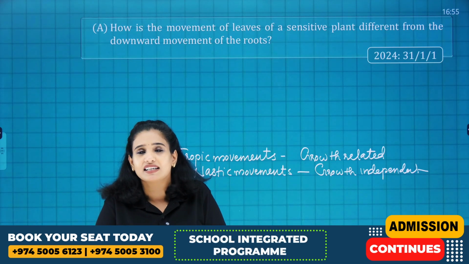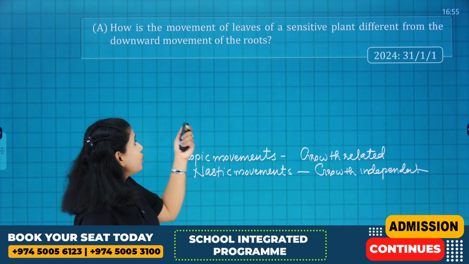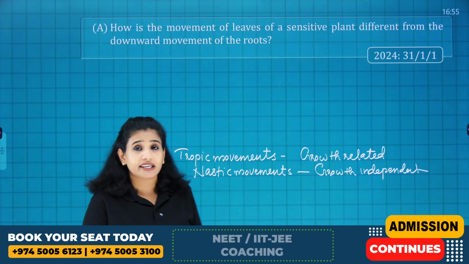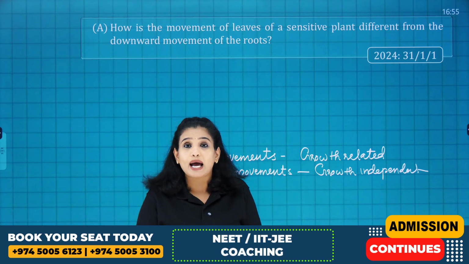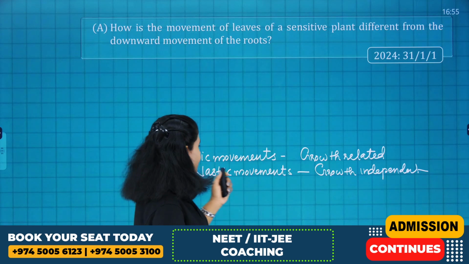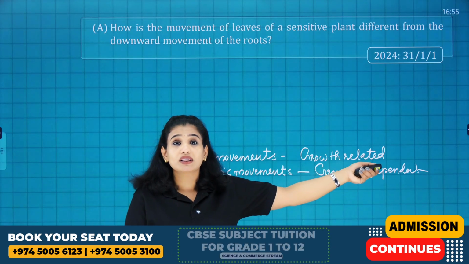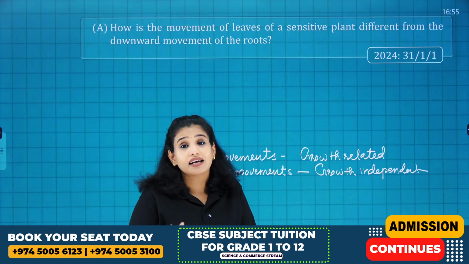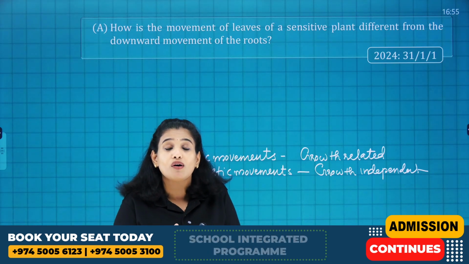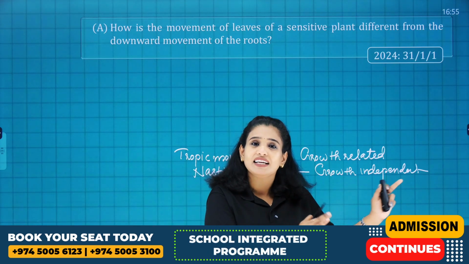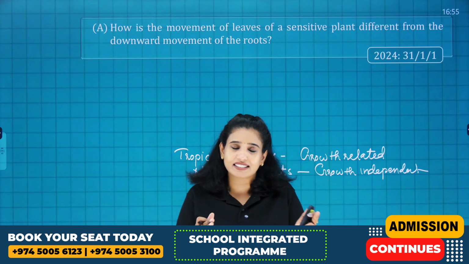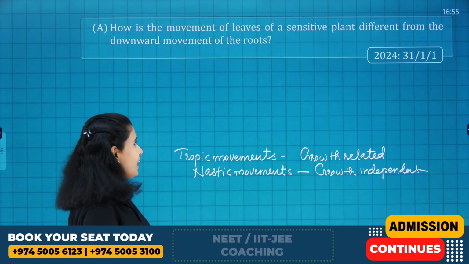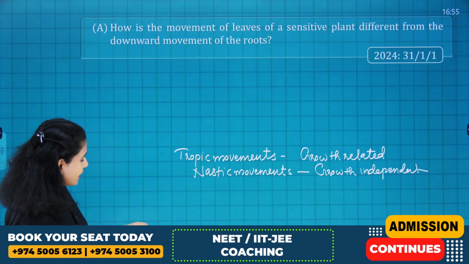And the growth of a root is an example of tropic movement, which means it is a growth dependent movement. So this is the difference between the growth of a root and the movement of a sensitive leaf. Okay. Next question.